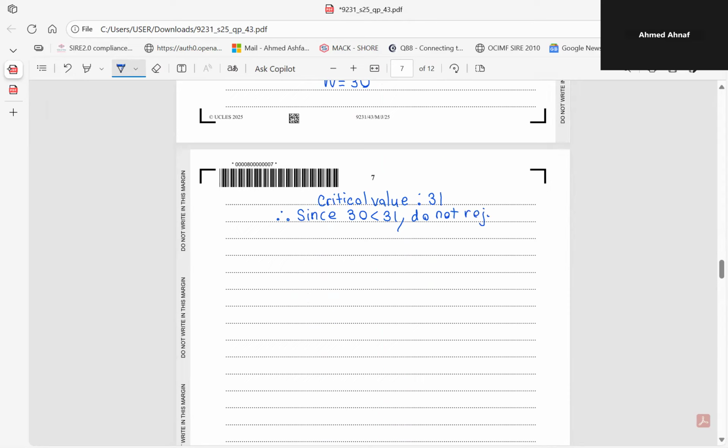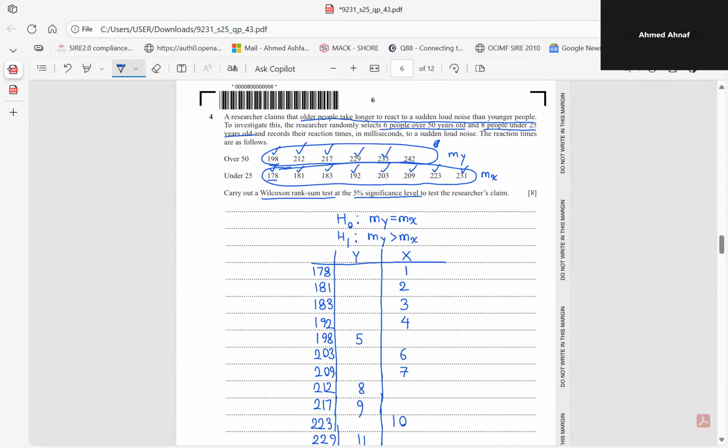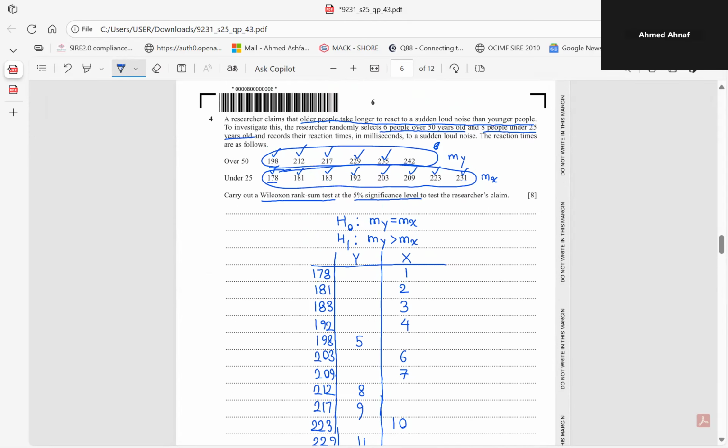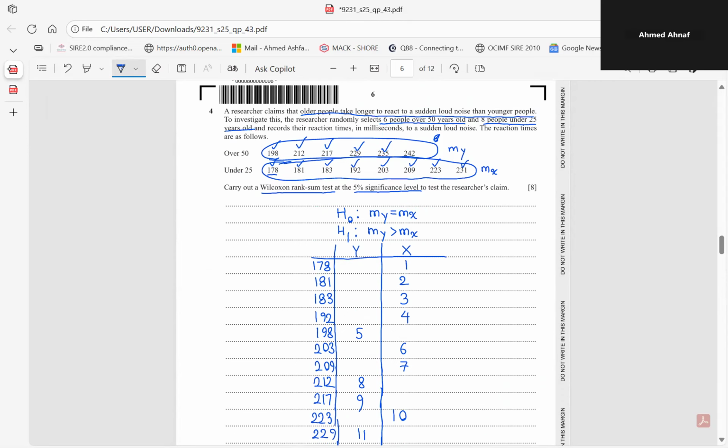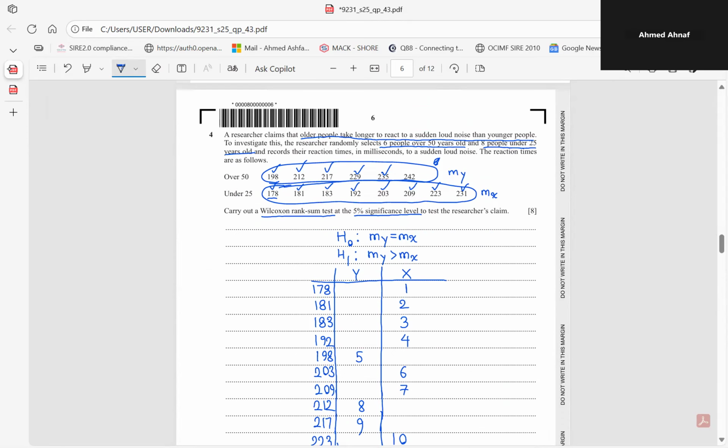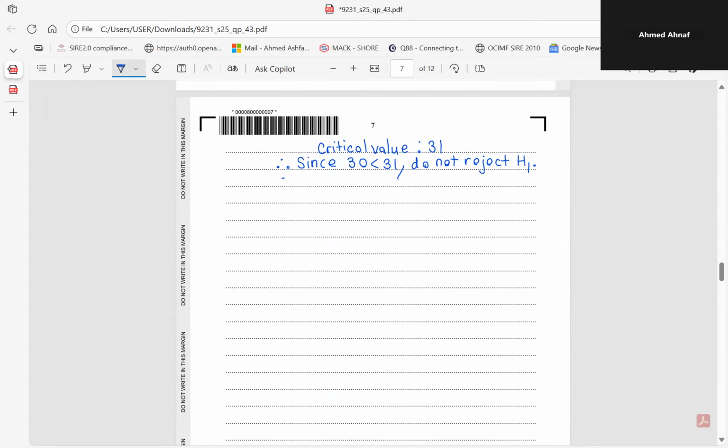Okay, so that means there's a chance that older people do take longer to react, so the researcher might be correct. So we can write down: sufficient evidence to support.